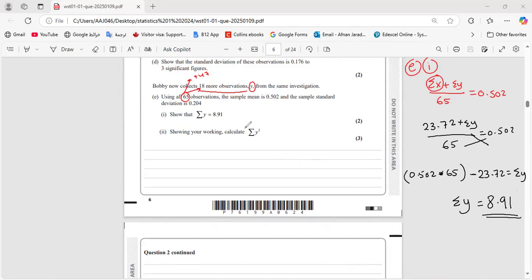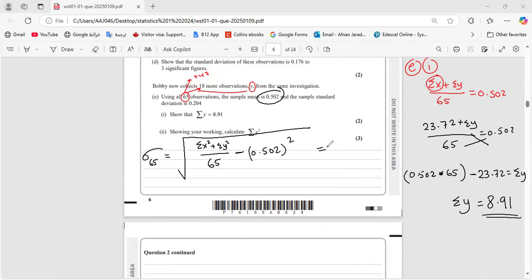I also have the standard deviation of the 65 observations, which equals the square root of the sum of x squared plus the sum of y squared, over 65, minus the mean of the 65 observations squared, which is 0.502 squared.